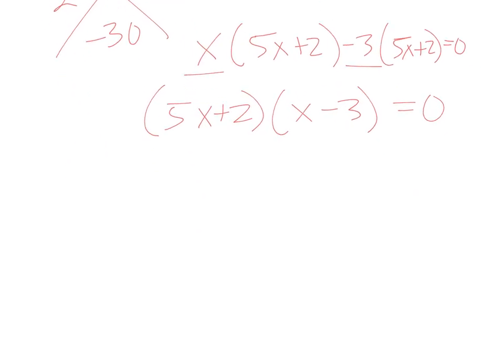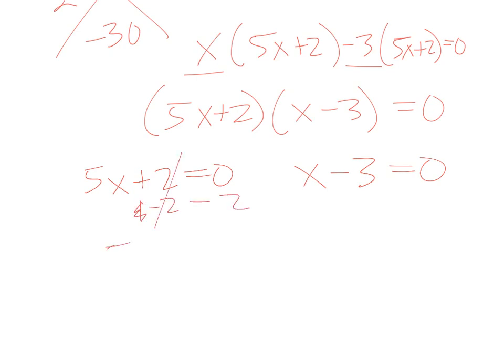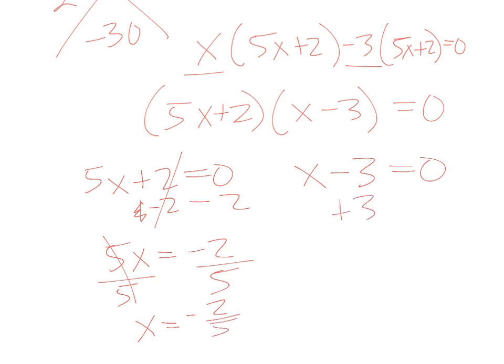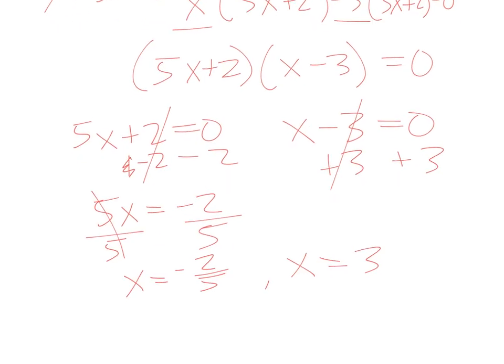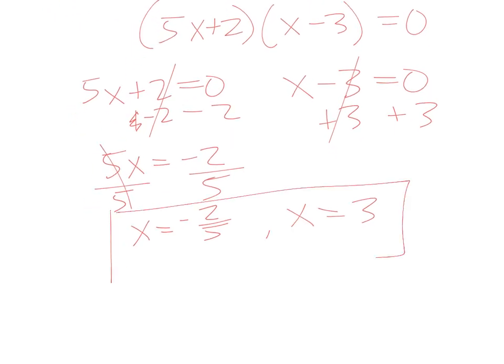And then I solve, so I have 5x plus 2 equals 0, x minus 3 equals 0. So subtract 2, 5x is equal to negative 2, divide by 5, x is equal to negative 2/5. Add 3, x is equal to 3. Alright, done.